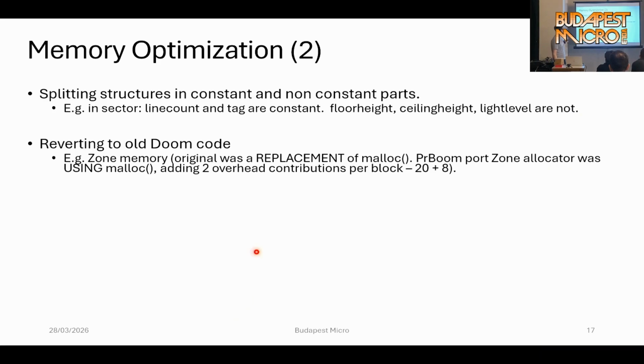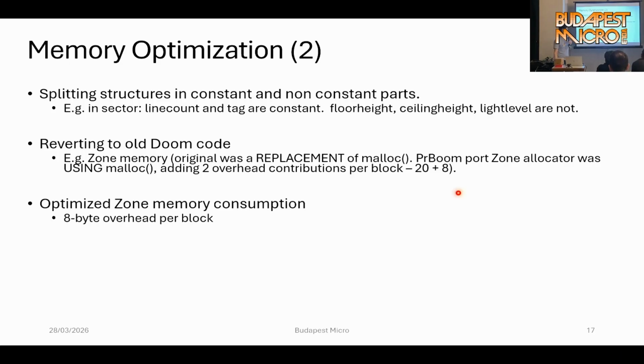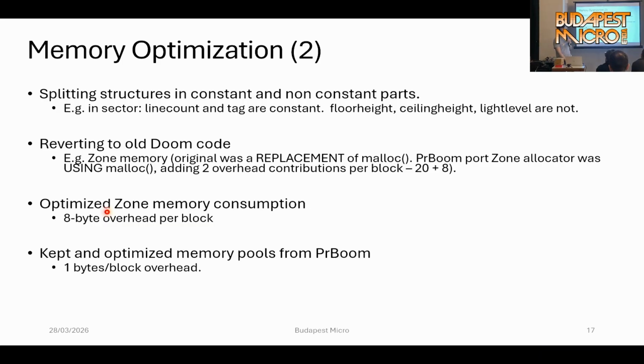So in the new code, basically I had 28 bytes overhead, while in the original one I had only 8 bytes overhead per block. And PrBoom also added pool memory allocation for when you have a lot of objects of the same size. I kept this feature, but I optimized it to have just 1 byte of overhead per block.